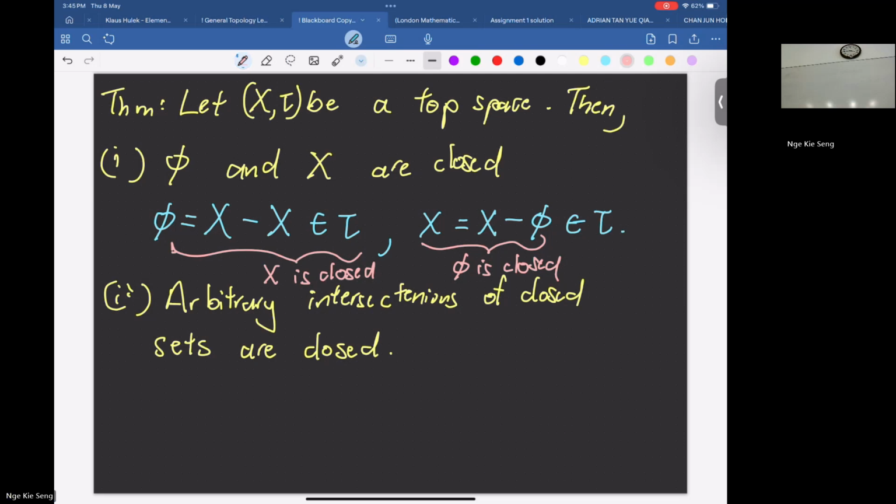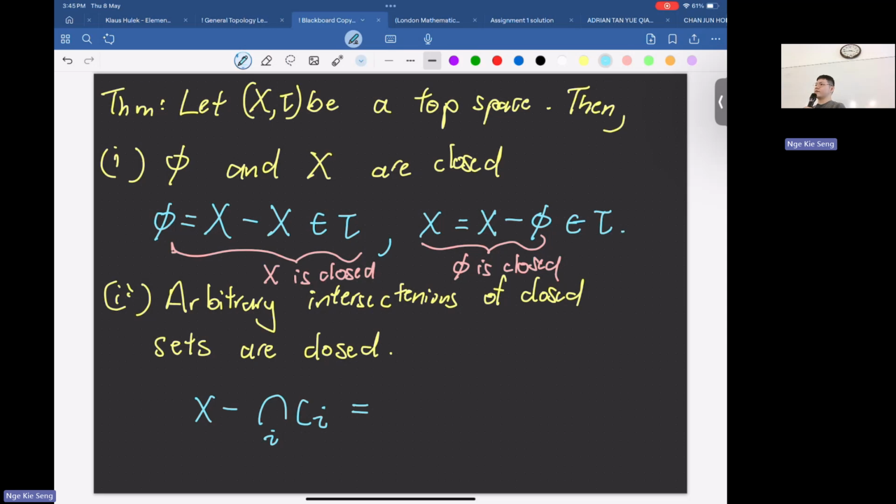So next, we want to check arbitrary intersection of closed sets. Let's write down the arbitrary intersection of closed sets. We need to look at the complement of this. Is it open or not? X take away some intersection becomes what?